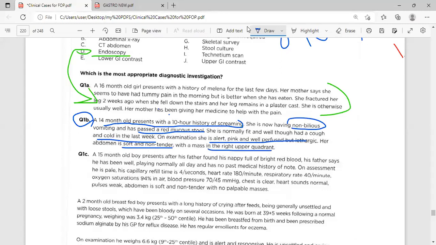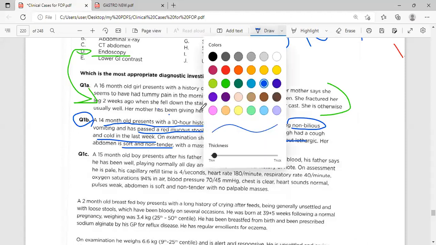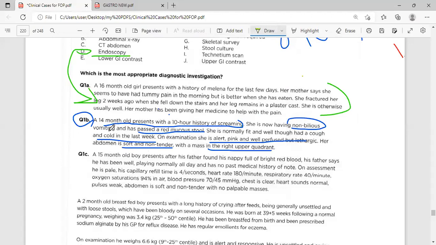So you have this child who is 14 months old. These are the clues, I'll write them for you: 14-month-old, non-bilious vomiting, passage of red mucus stool, abdomen soft and non-tender, and a mass in the right upper quadrant.